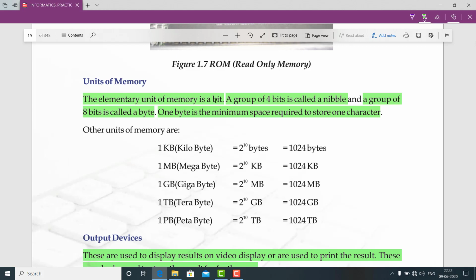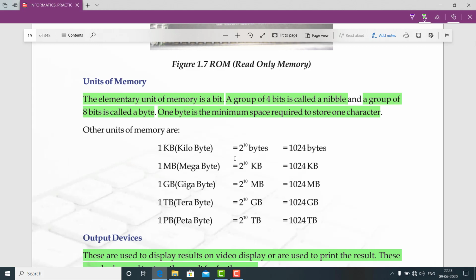Clear? So 4 bits become a nibble, 0101, this may be a combination. Clear? So this is called the bits. Clear? And these bits become the bytes. Clear? So now you can understand the memory.